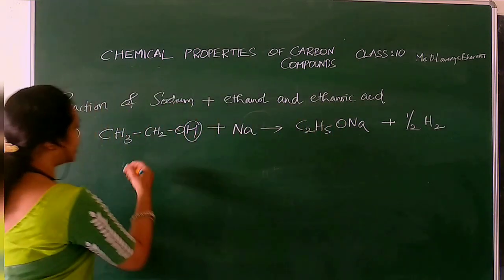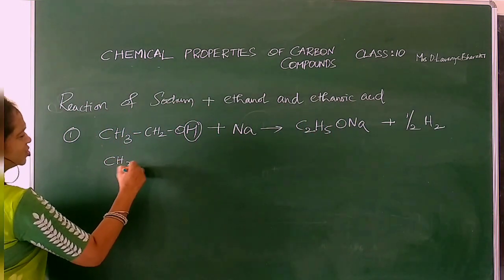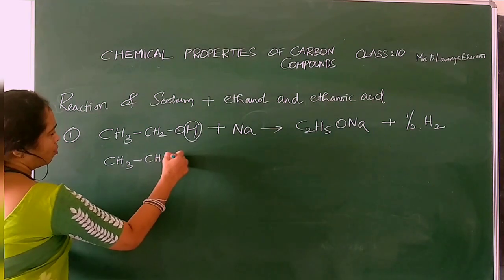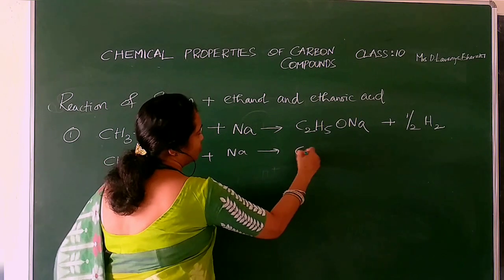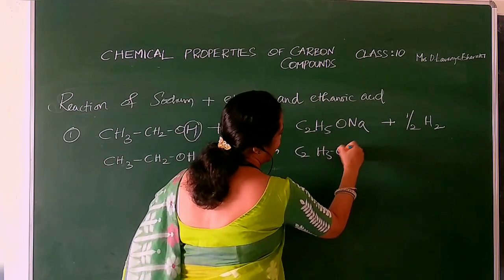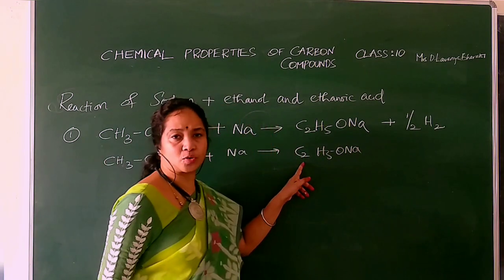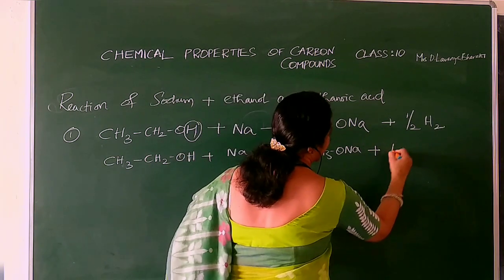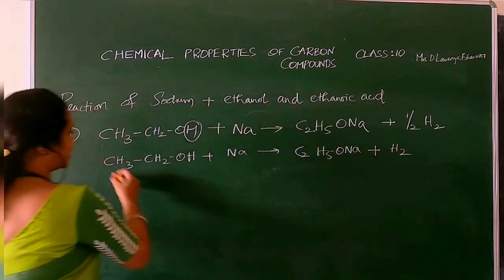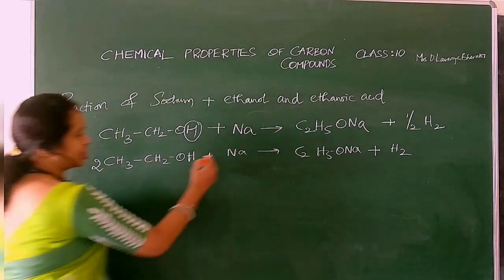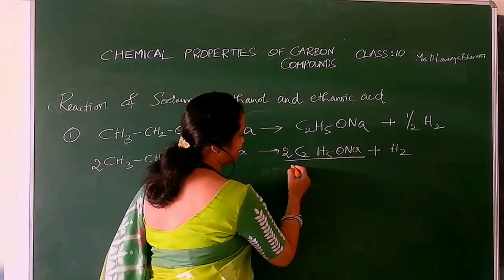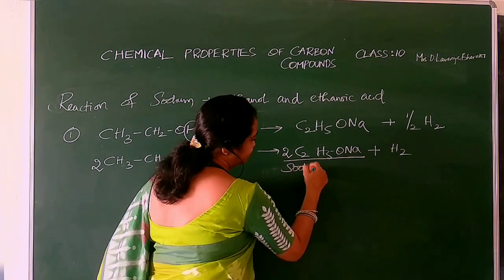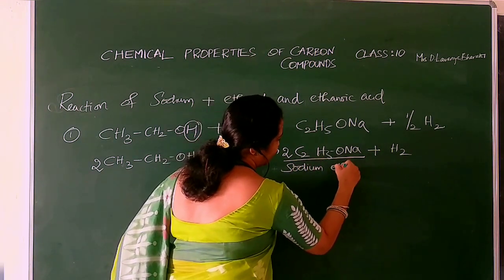Or you can also write this reaction as CH3CH2OH plus sodium gives rise to C2H5ONa. We call this compound sodium ethoxide, plus hydrogen gas. So we need to balance this reaction by arranging 2, 2 and 2. This compound is called sodium ethoxide.